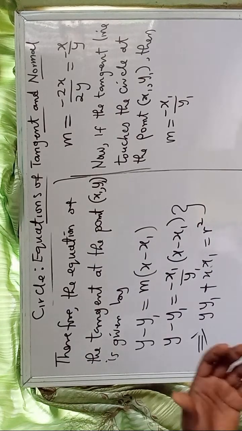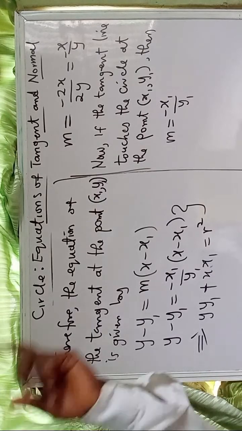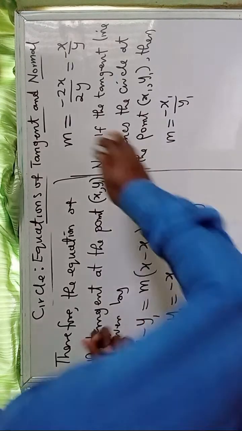The next thing is to deduce the equation of the tangent when the circle is not at the origin. We'll make use of the general equation of a circle, as we have earlier shown.